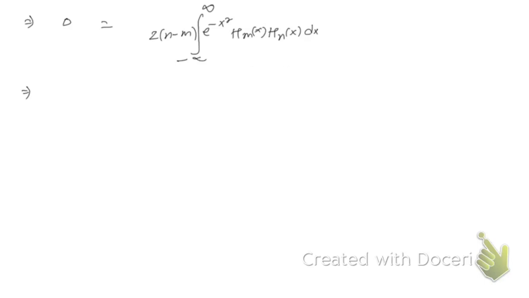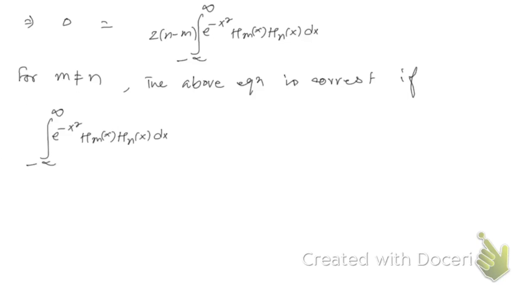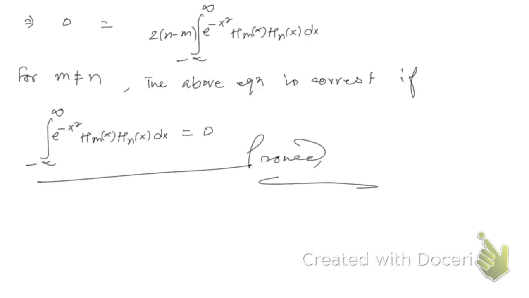Since m is not equal to n, the above equation is correct if this integral part is 0, and this is what we need to prove, right? Hope you have understood this.